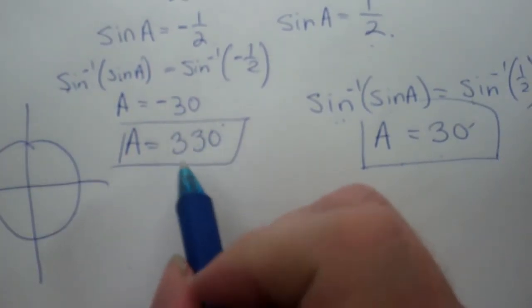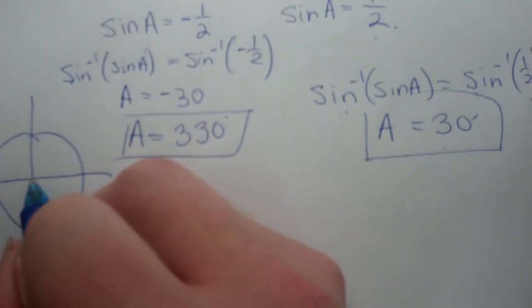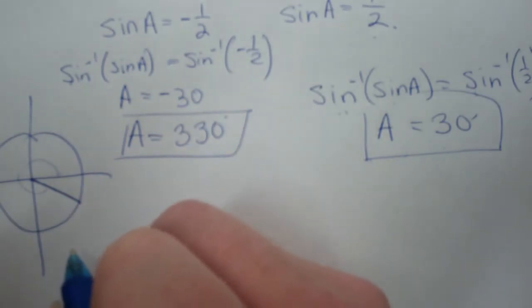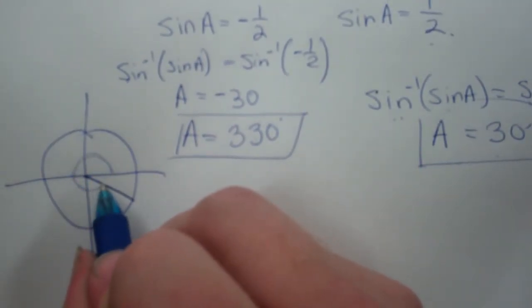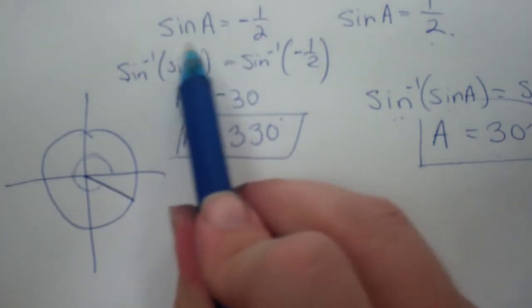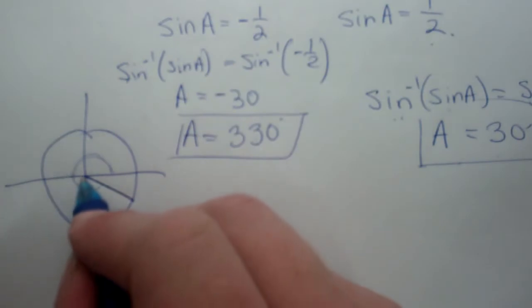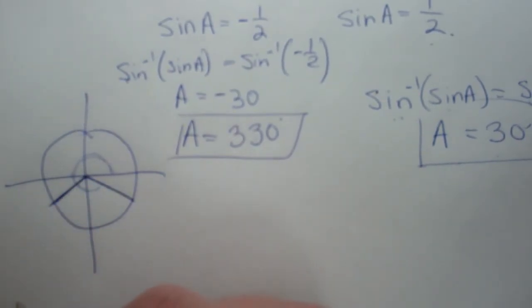So 330, where is 330? 330 is when you go almost all the way around and it puts you right about there. So this large angle is 330, starting from the x-axis. This is a sine, and the sine depends upon the y values, which means we have to reflect this through the y-axis, and we end up right there.